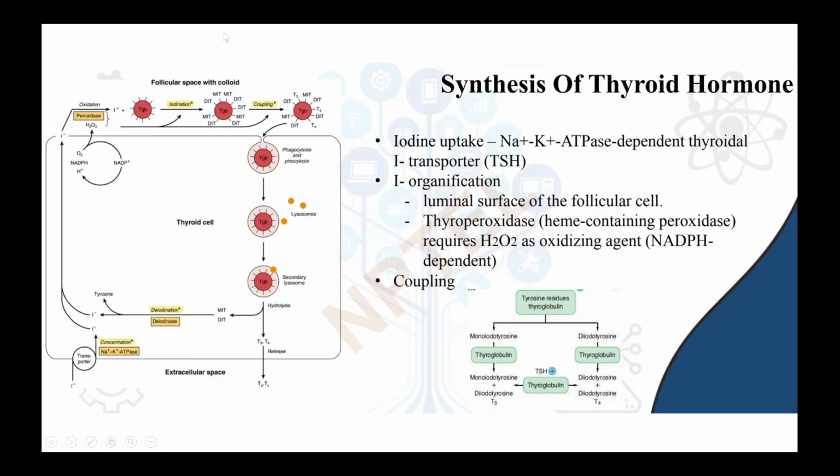It's basically the addition of iodine to the phenyl ring of the tyrosine molecules that are present in the thyroglobulin protein. So you saw the thyroid hormone synthesis in the previous slide, right? For the iodine to get attached to the tyrosine residues, we need the iodine to be transported first.